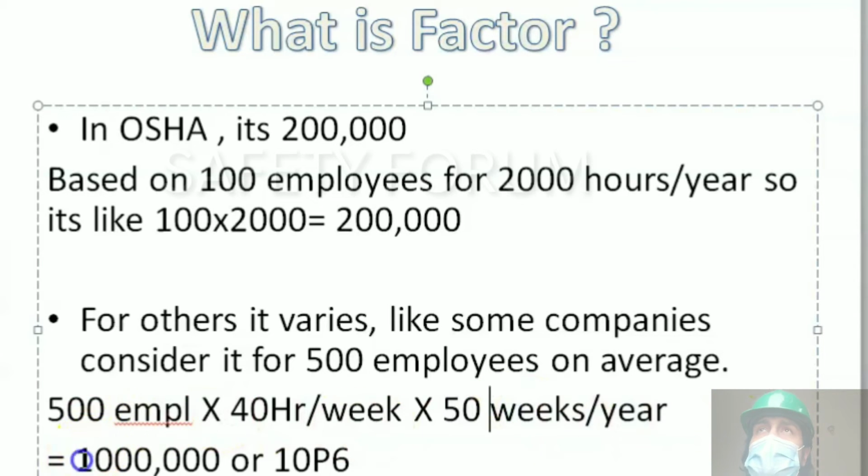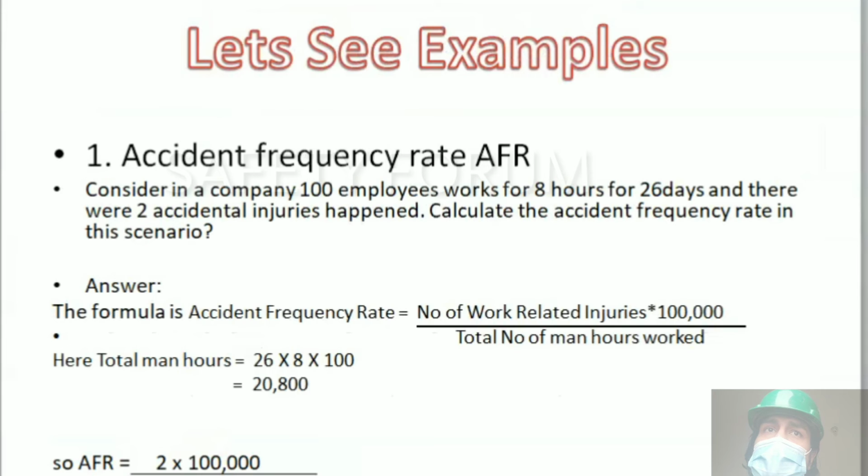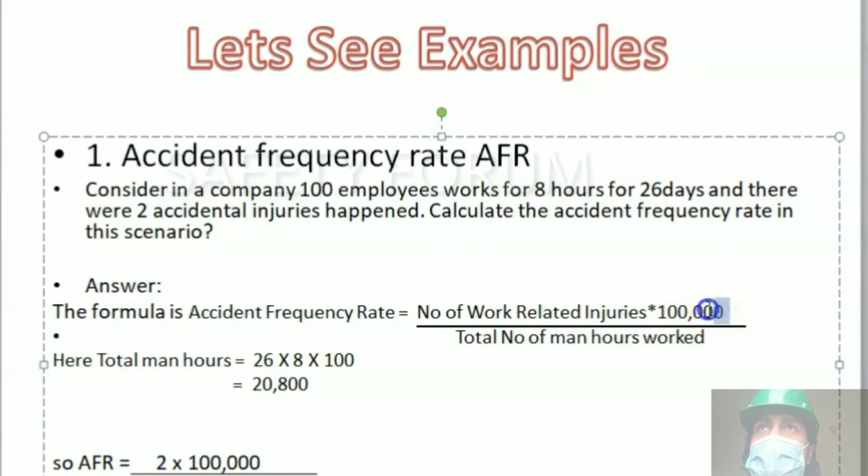When you multiply this, you get the factor of 1 million, which is 10 to the power 6. This is how the factors are taken. For every company, it will vary. In our company, we used to go for 10 to the power 5, which is 1 followed by 5 zeros. It varies. That is the thing.